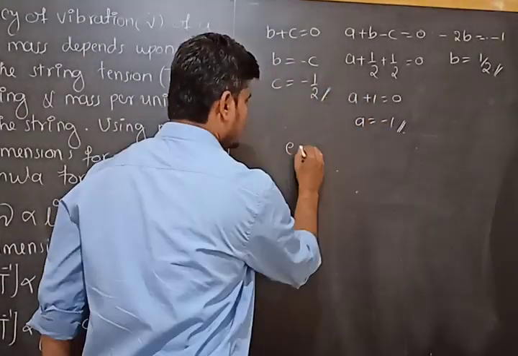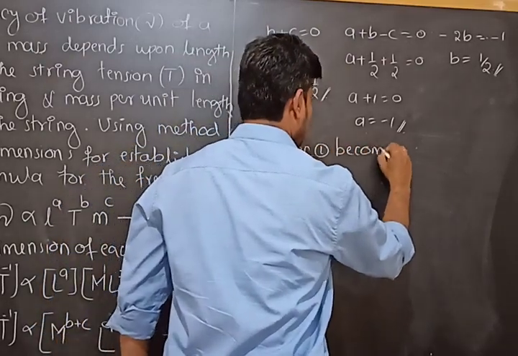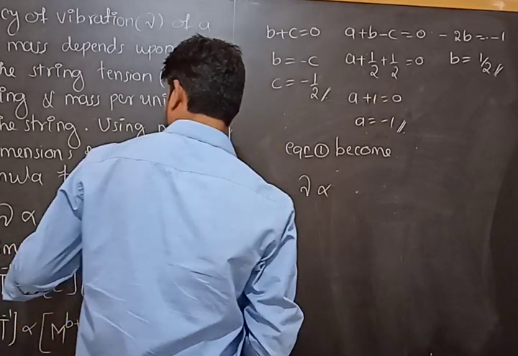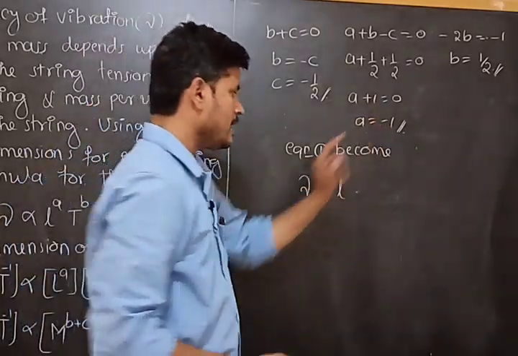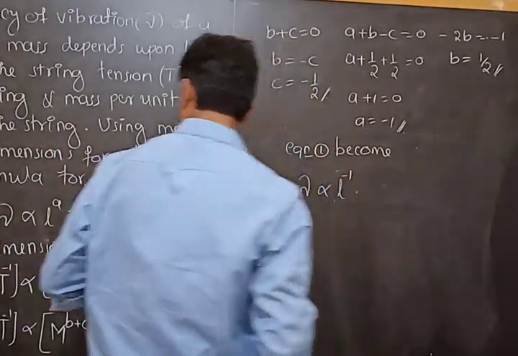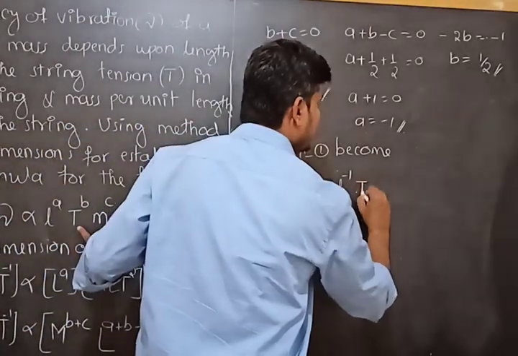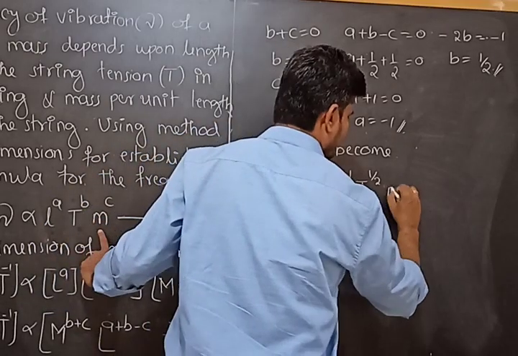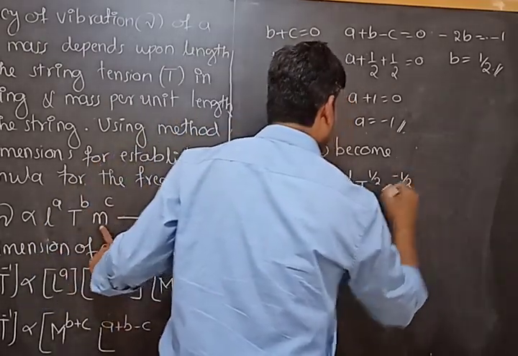Substitute these A, B, C values into equation 1. Then equation 1 becomes nu proportional to L raised to A, where A is minus 1, T raised to B, where B is 1 by 2, and m raised to C, where C is minus 1 by 2.